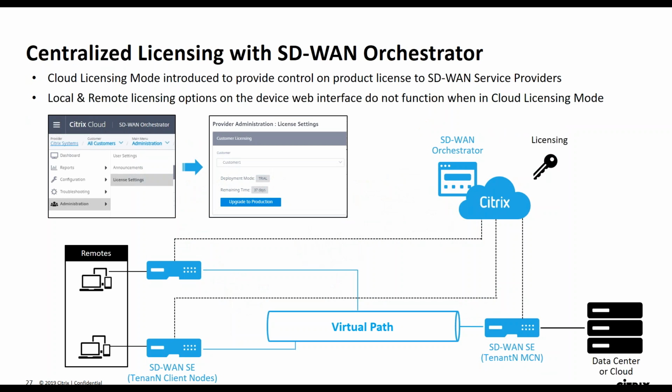All right. So we did talk about this pretty briefly. One of the key features that Orchestrator does provide is centralized licensing. At the moment, if you have Citrix Cloud and you jump into the login where you see all the different service tiles available, you can request a trial of Orchestrator today.